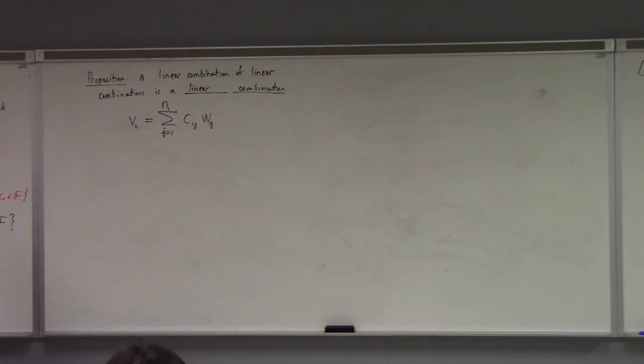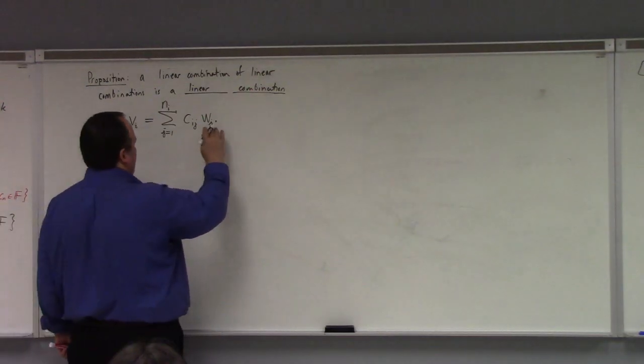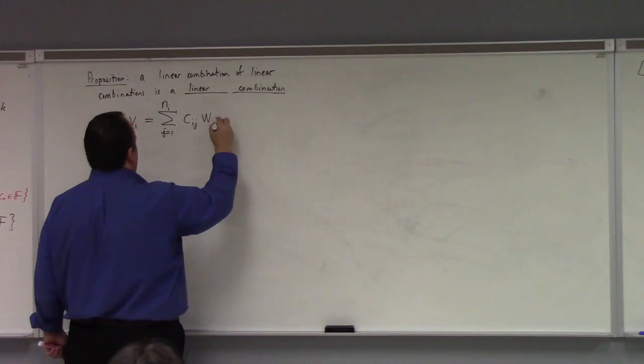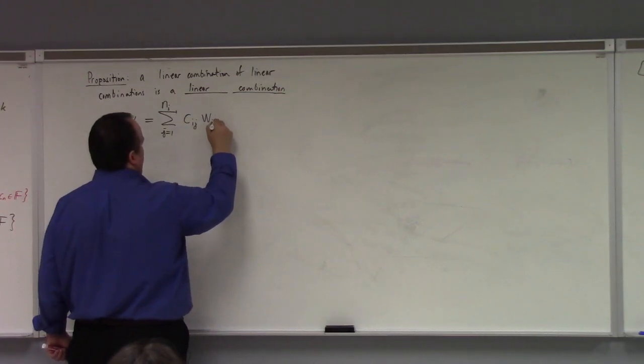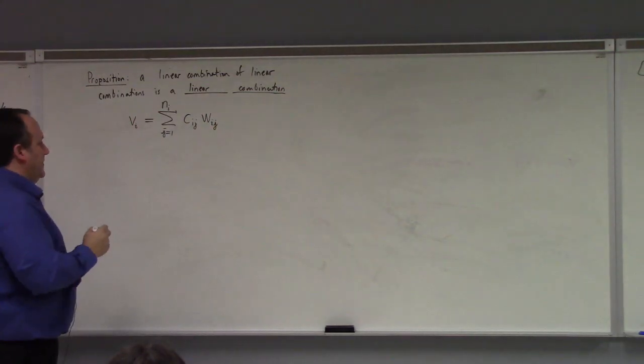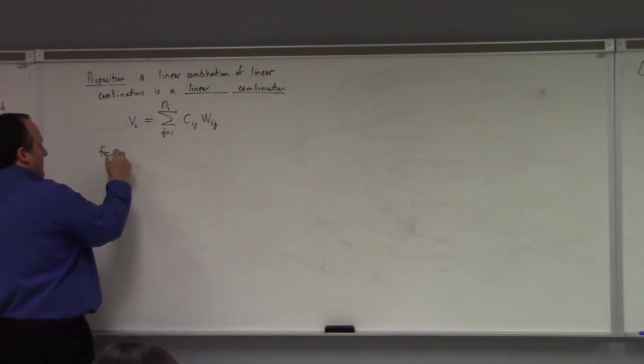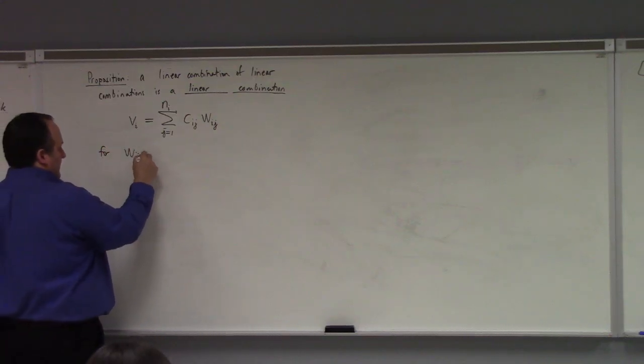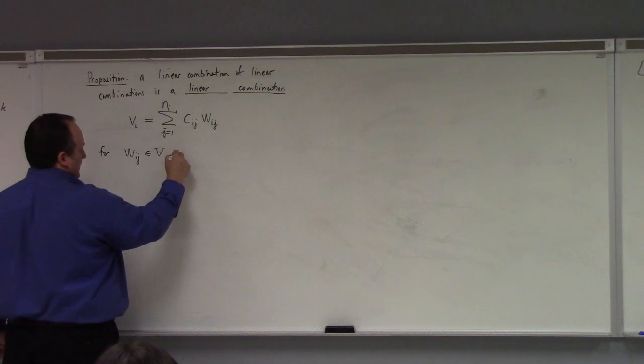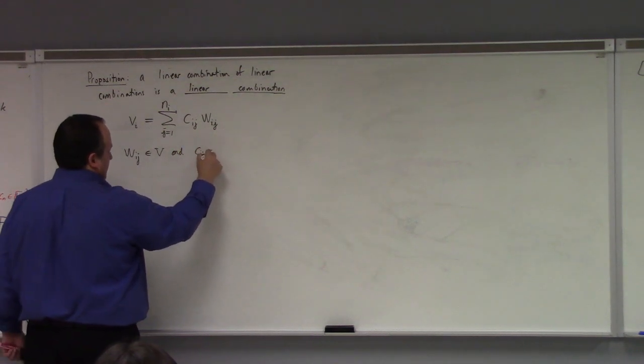Actually, I don't want to assume that all the linear combinations have the same length, so I should put an n sub i. I'm sorry, guys, I'll get it eventually. W sub ij. All right. So for W sub ij in the vector space and c sub ij in the field.